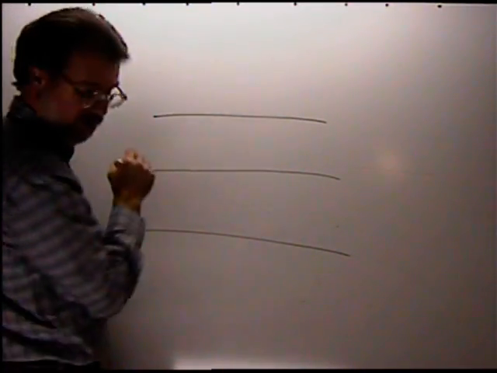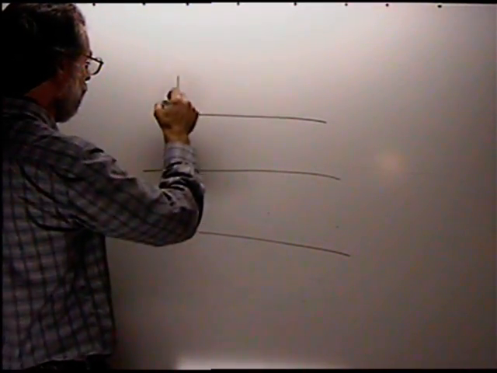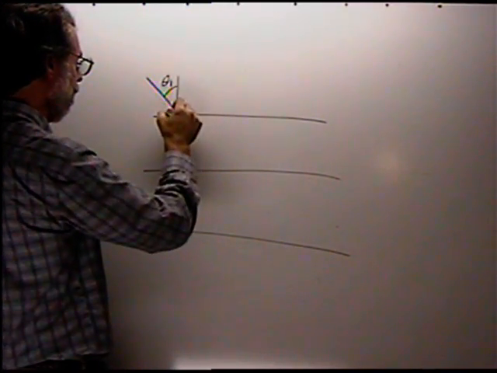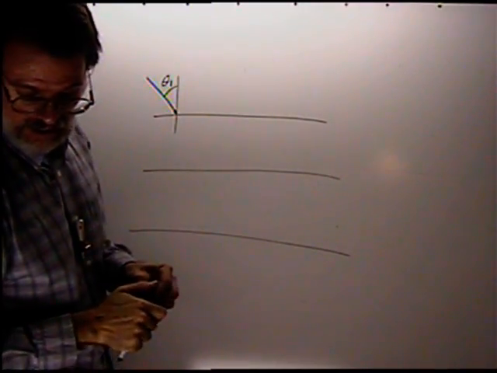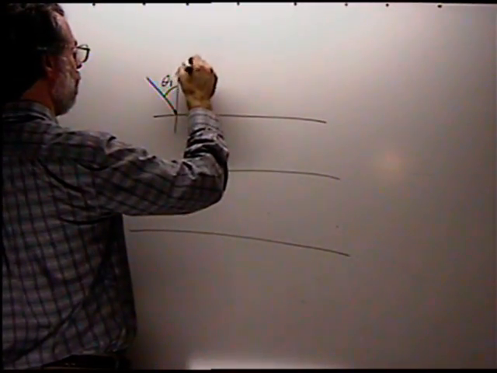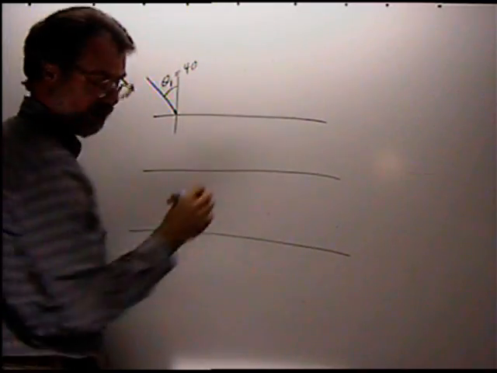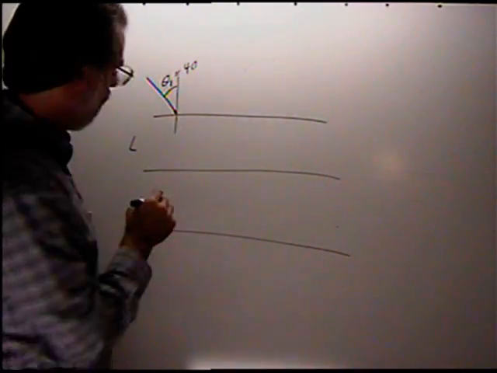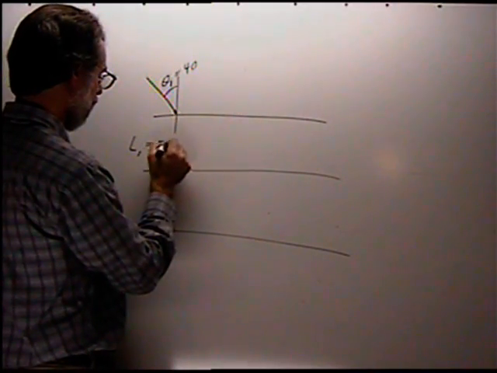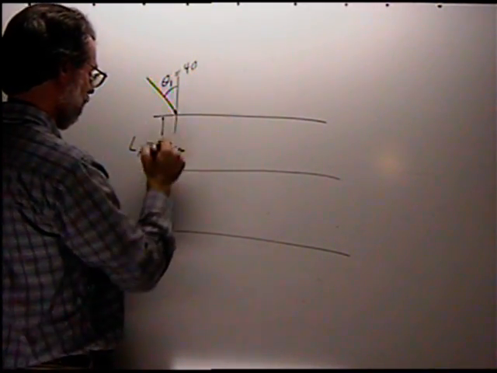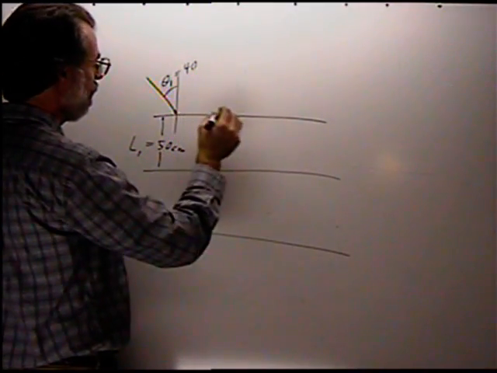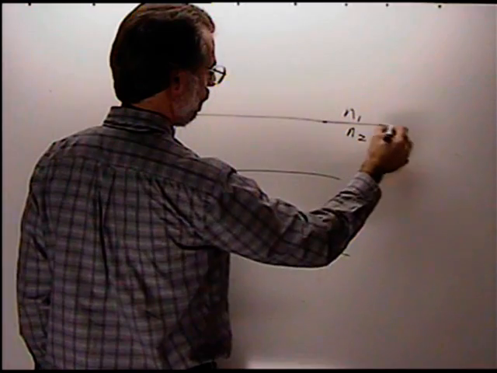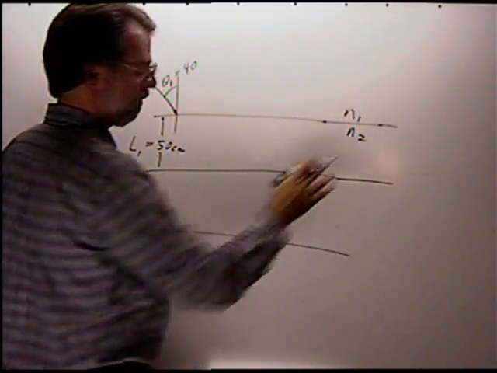The ray of light, here's the normal. The ray of light comes in, and this is theta 1. Okay? And I define theta 1 is equal to 40 degrees. And we define this as L1 equals 50 centimeters. This distance from here to here. Well, this is index of refraction 1.